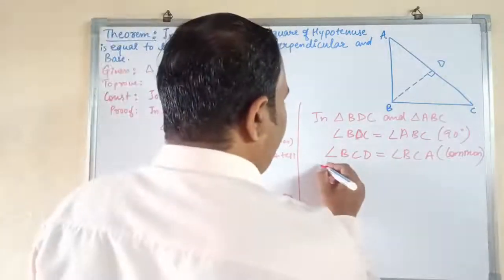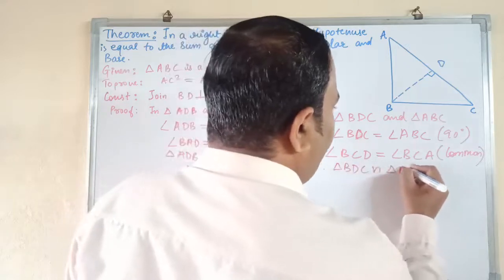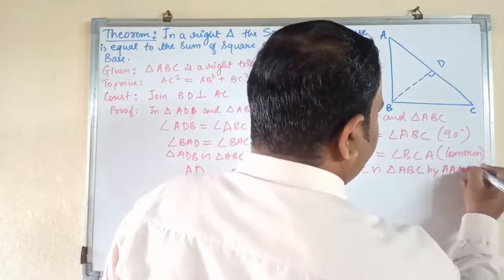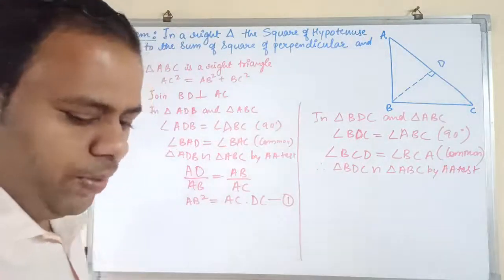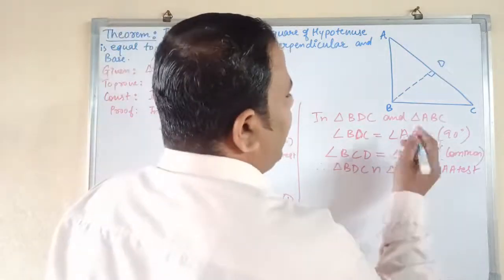So therefore triangle BDC is similar to triangle ABC by AA test. So what can we write? We can write the sides are in proportion.